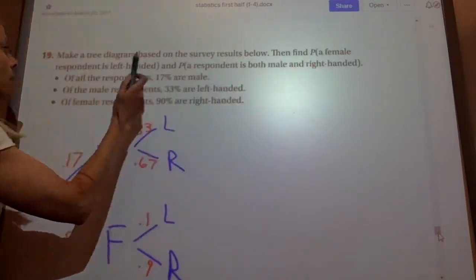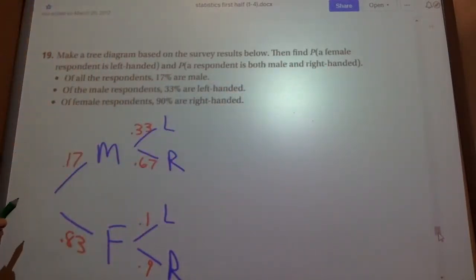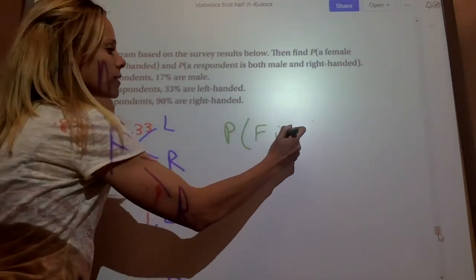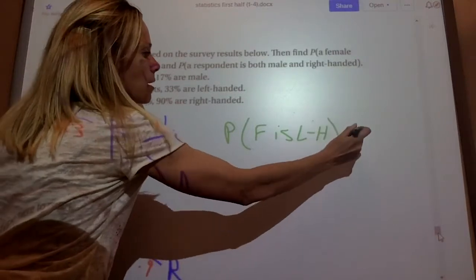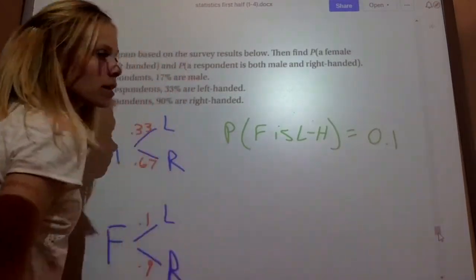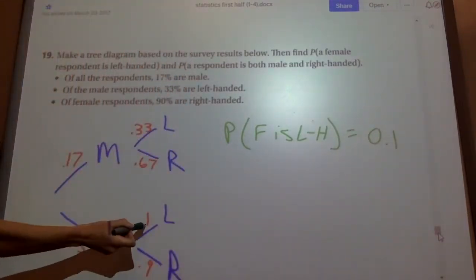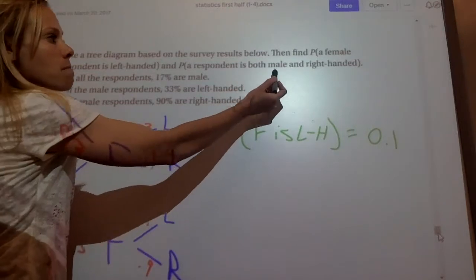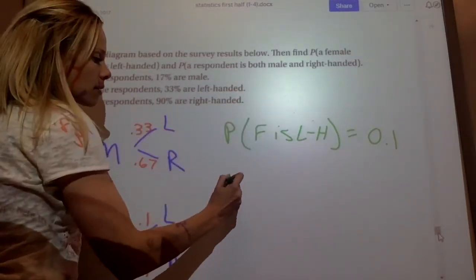Okay. So when you're answering these probabilities, see how this one doesn't have an and in it? What's the probability a female respondent is left-handed? I can just look at my tree diagram and tell you. Female left-handed, 10%. But the second one, I have an and. I want male and right-handed.